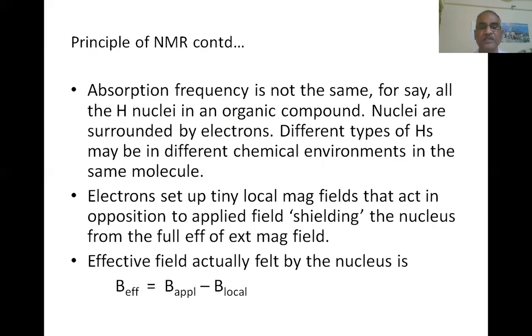Electrons set up tiny local magnetic fields that act in opposition to the applied field, shielding the nucleus. The electronic cloud shields the nucleus from the full effect of the external magnetic field. So the effective field felt by the nucleus is different: effective field equals applied field minus local field.